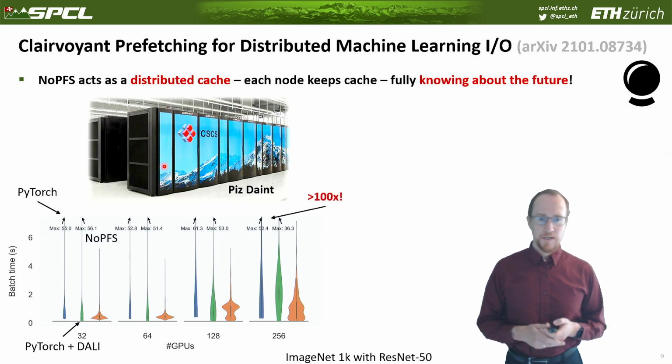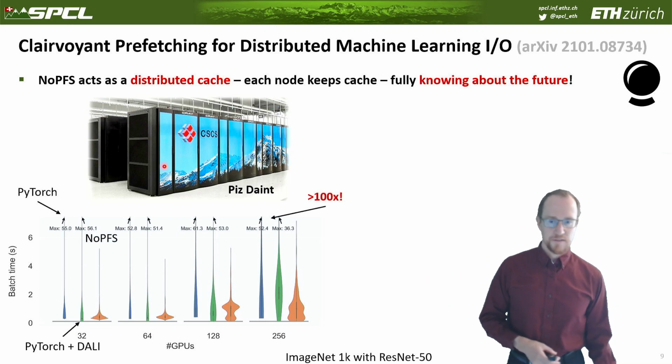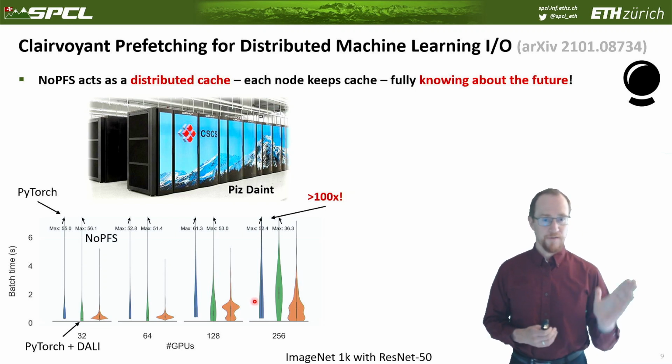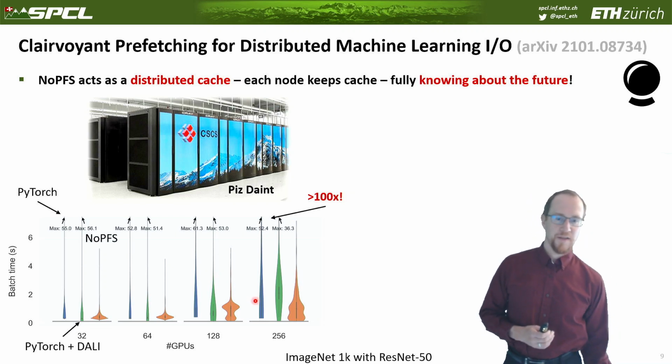And so we see the variance. These are violin plots, so these are essentially the distribution of the data on the vertical. The wider the plot, the more data there is. Here you can see that there is a huge bulk at around 1.8 seconds per batch.